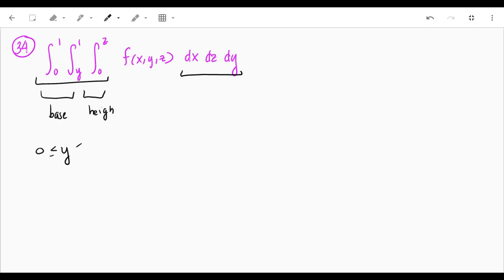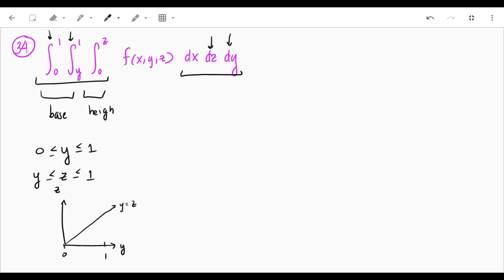So the first thing we want to do is sketch the region where y is between 0 and 1, because our y's are on the outside, and then z is between z equals y and z equals 1. In our yz plane, y goes from 0 to 1, and then we want the line y equals z and the line z equals 1.